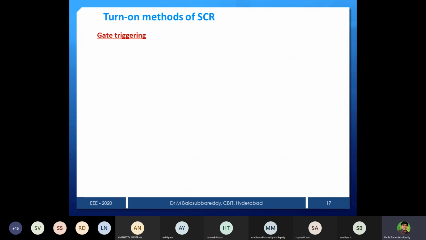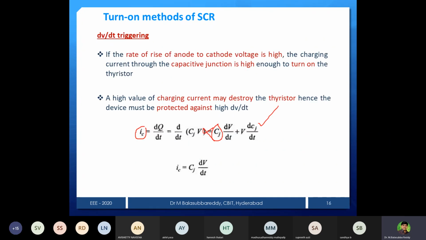Now, how do we overcome this drawback? Because of dV by dt, the device is going to be triggered. So what I will do is connect one capacitor across the device. If I close the switch, then the rate of change of voltage is initially 0, because the capacitor acts as a short circuit.